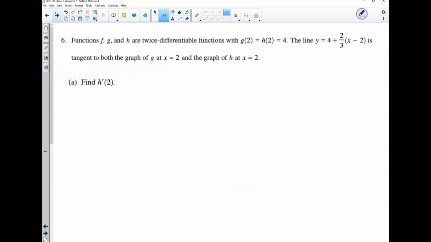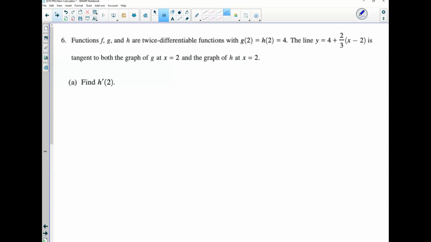Here's an easy one. Find h prime of 2. Here's our last one. Functions f, g, and h are twice differentiable functions, with g of 2 equals h of 2 equals 4.